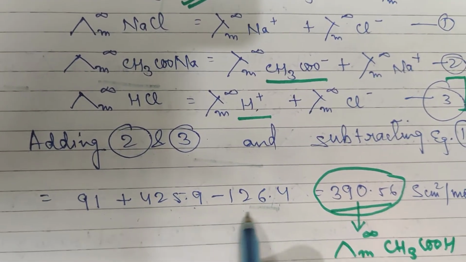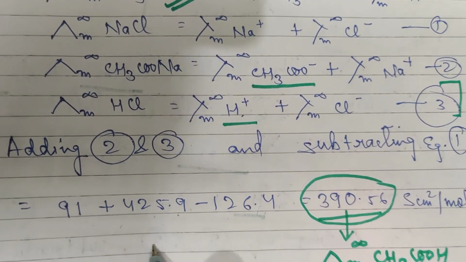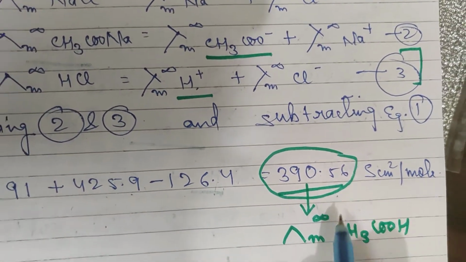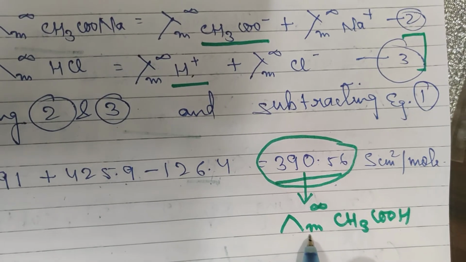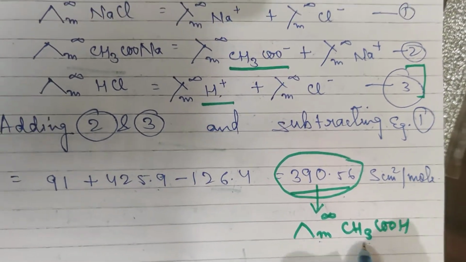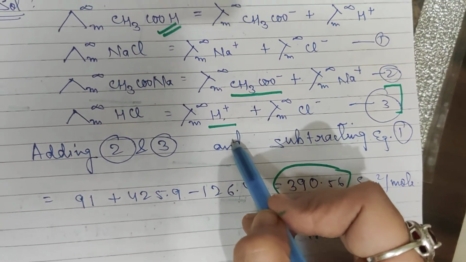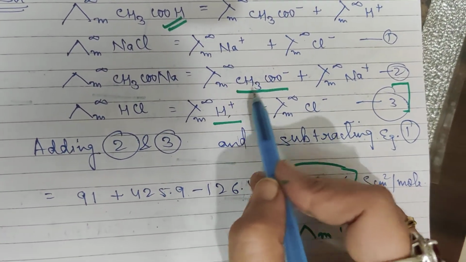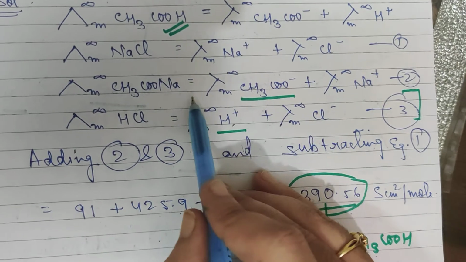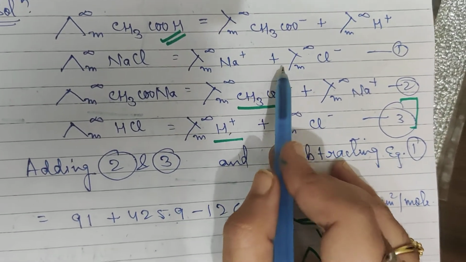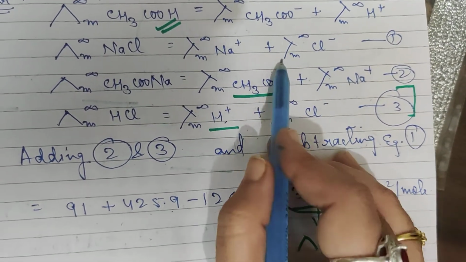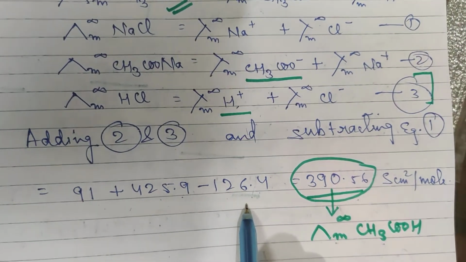So by simply substituting the values given, you will get the final answer as the limiting molar conductivity value of acetic acid. So it is very simple, children. You simply need to analyze the ions that you have, and you have to solve these equations accordingly. And according to the equations that you are using here, you will substitute the values also.